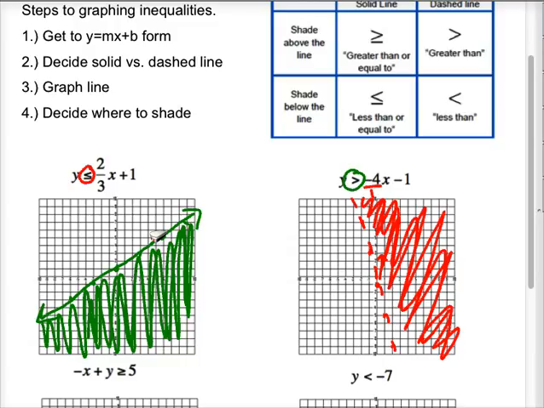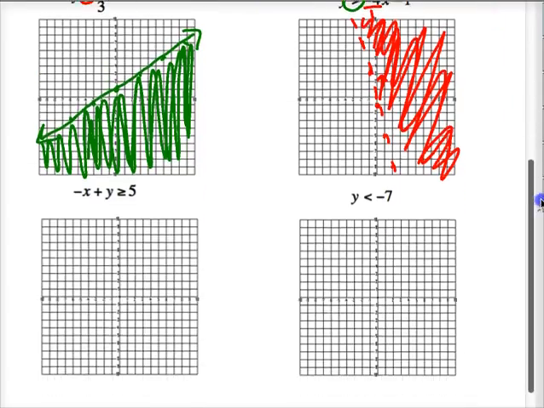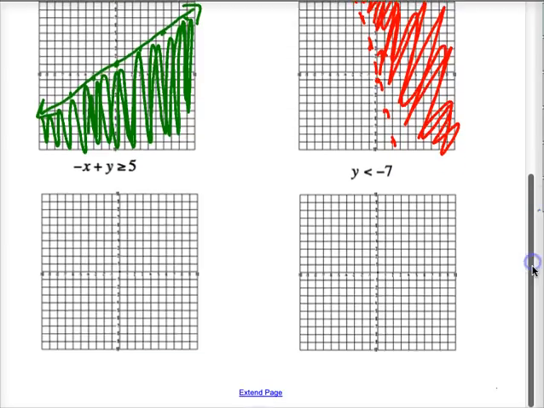Now, something that we can't forget. Even when we're graphing these, we need to make sure that it's in slope-intercept form. So for this one, before I can actually graph it, I need to add the x to the other side. Okay, so again, make sure it's in y equals form, the slope-intercept form.